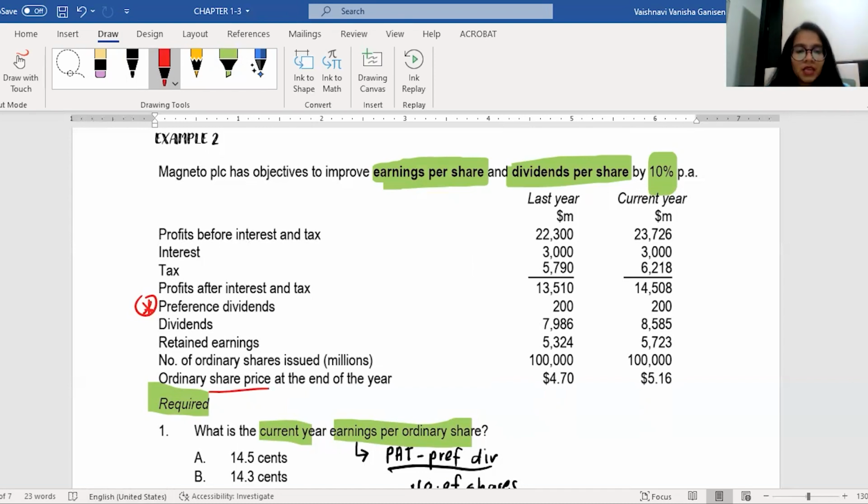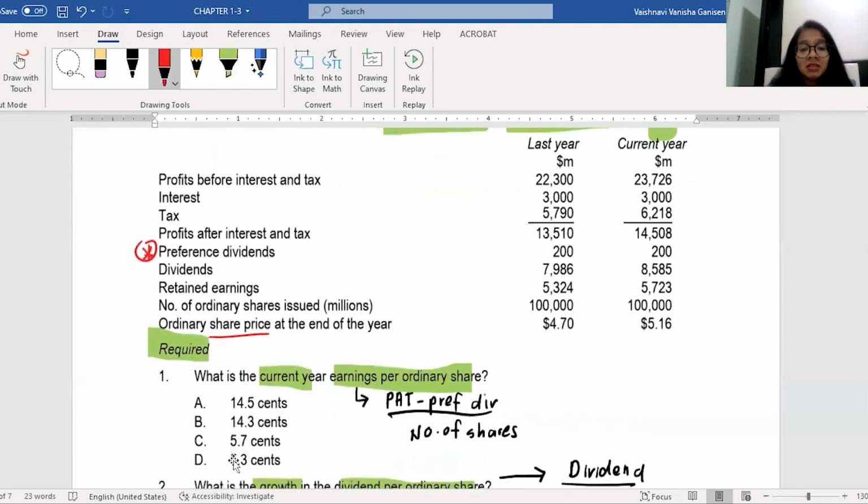Now, to calculate my earnings per share, what is the PAT? Remember, he is asking us for the current year. So I'm only looking at current information. So PAT is 14,508 minus my preference dividend of 200, divided by the number of ordinary shares, 100,000 shares.